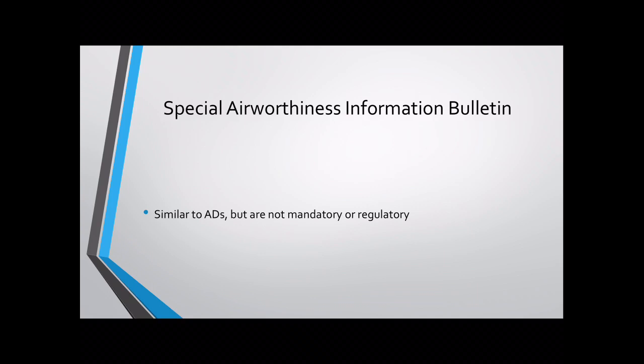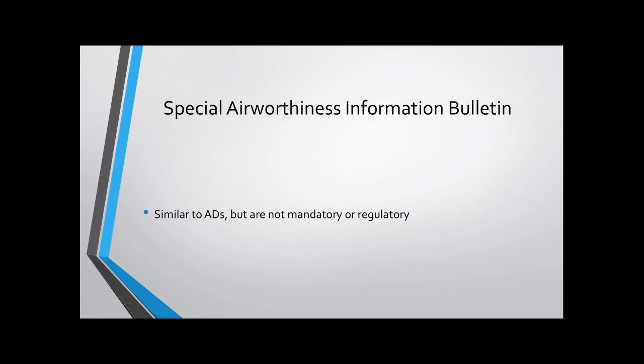Another piece of information I'd like to talk about is our Special Airworthiness Information Bulletins, or SAIBs for short. This is a familiar concept because, like service bulletins that we see through manufacturers, a SAIB is going to address a defect or an issue with an aircraft that is not necessarily a safety of flight issue.